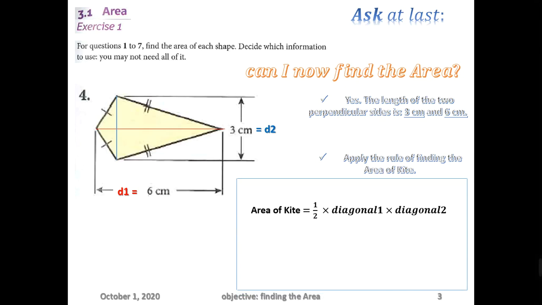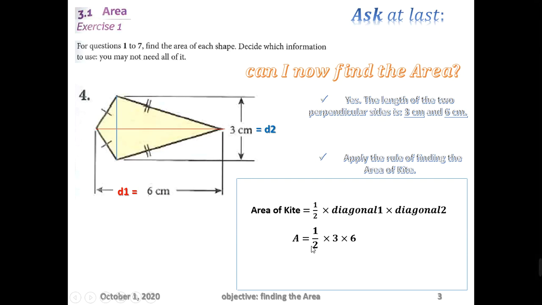And then you substitute. The horizontal diagonal is 6, so you replace diagonal 1 with 6, and the vertical diagonal is 3, so you substitute diagonal 2 with 3. So it's going to be half times 6 times 3. To calculate this without using the calculator, the 2 is going to be cancelled with the 6, so you simplify.